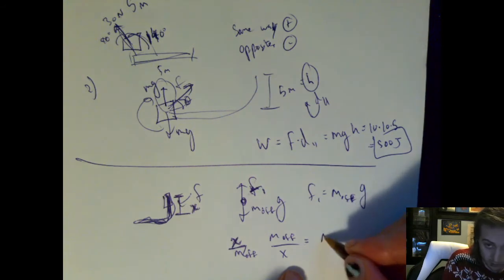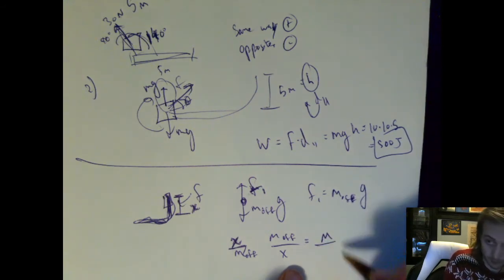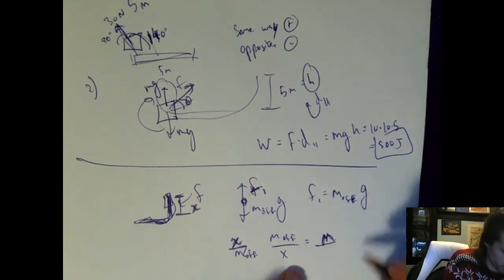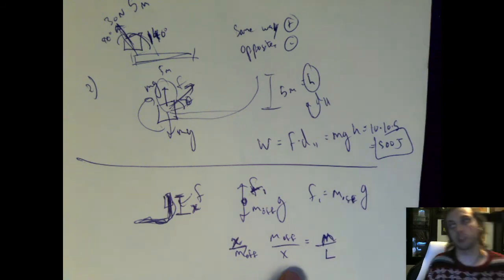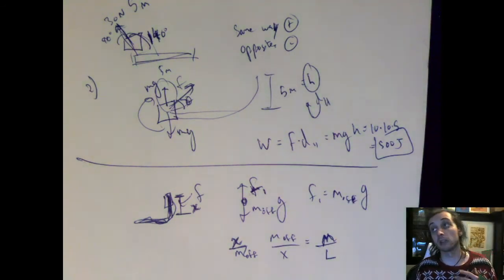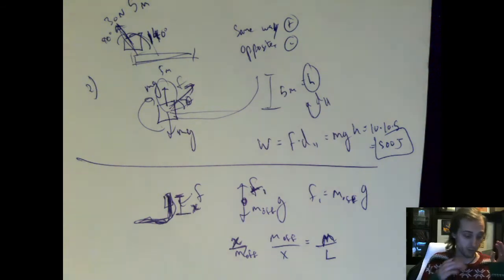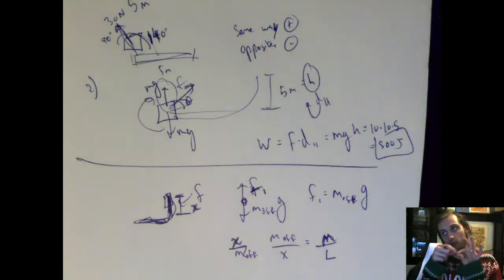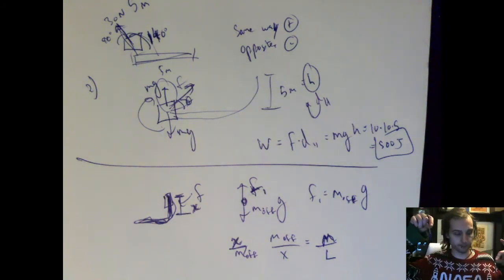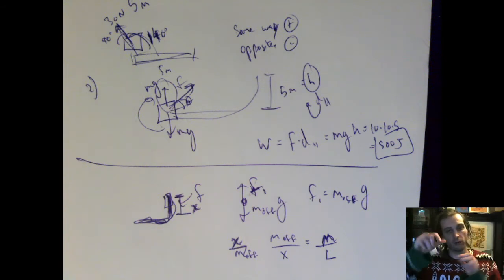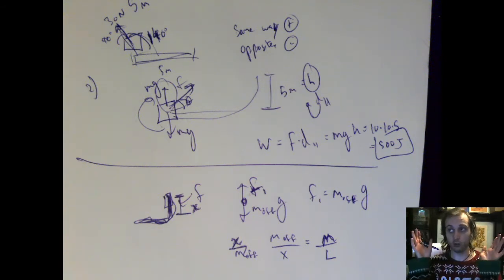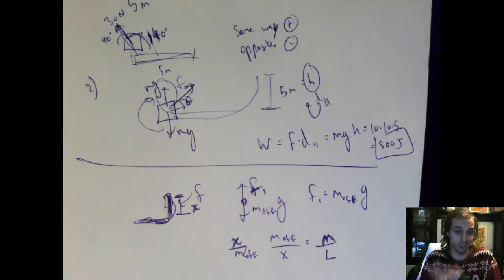That will need to be equal to the total mass of the chain, which is lowercase m, divided by the total length of the chain. If it's a nonlinear density chain, this changes, but if our chain has the same density throughout, then the ratio of any chunk of it compared to the whole will need to be the same, because that's how densities work.